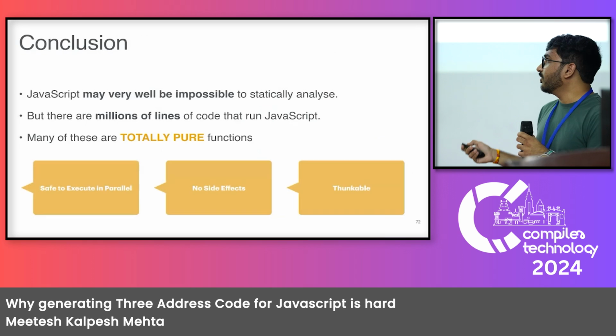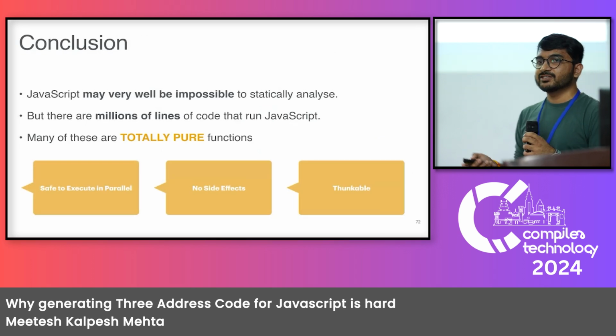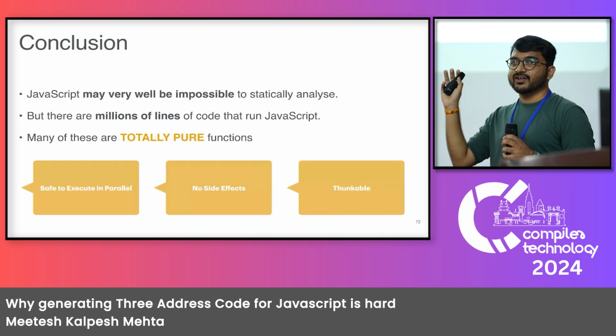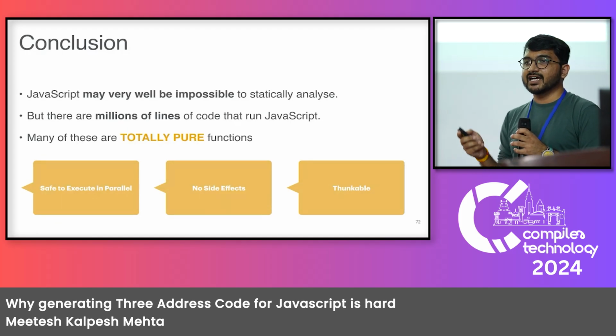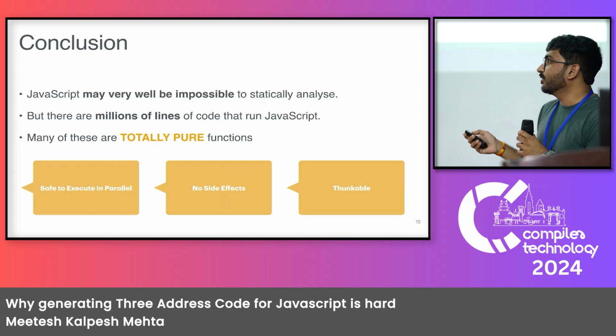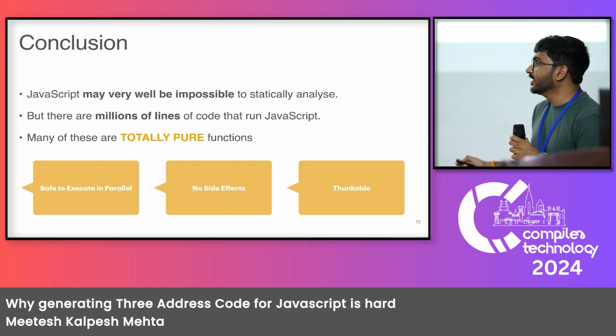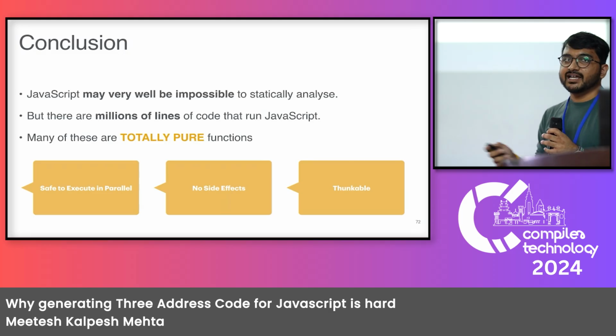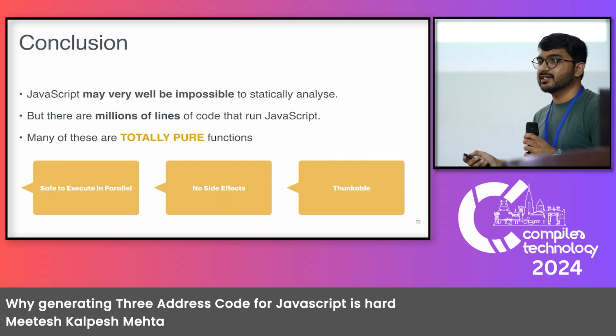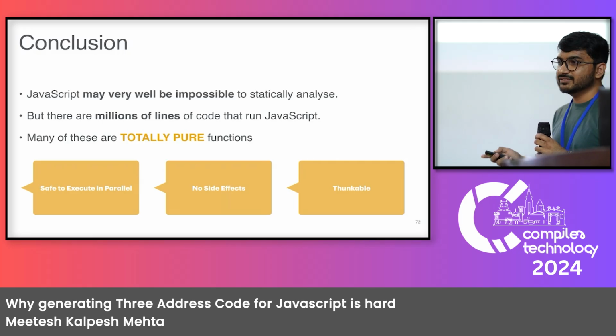And we believe that all this code is totally pure, because we discussed a mental model of how user interfaces are described, and keeping around this high-level information can help us optimize code. We can have them execute in parallel because these functions have no side effects. We can even delay their computation, turning them into thunks.